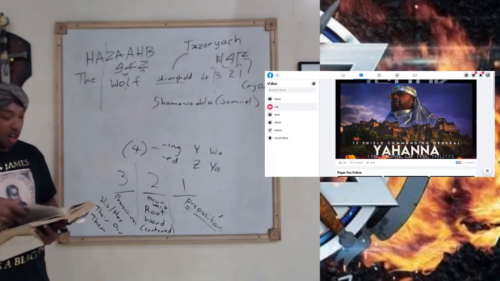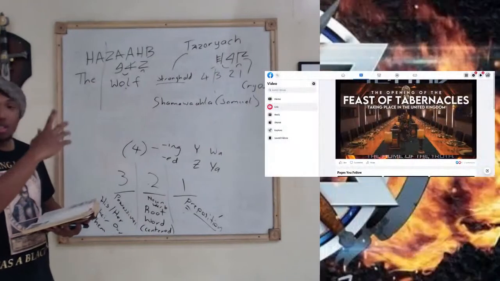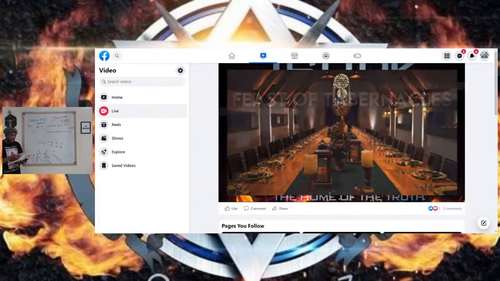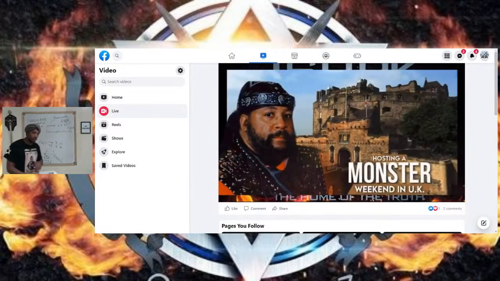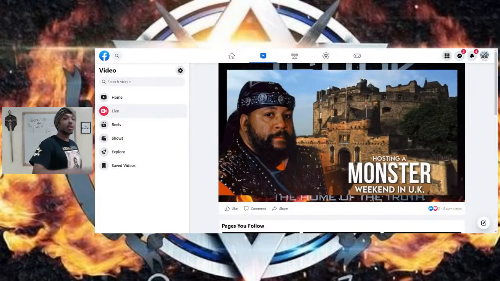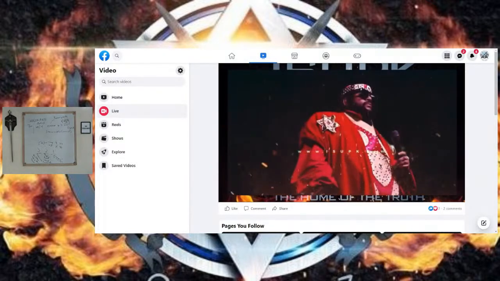Commanding General Yohana will be doing the opening of the Feast of Tabernacles in King James Castle. Finally, the truth about King James, a black man who helped to preserve and safeguard the Bible. Live September 29th, 2023. Commanding General Yohana live at King James Castle in Scotland. Come on down and support the Isupk UK. Lift the glass, come and join the brotherhood and drink with the ancients as we celebrate and keep the Feast of Tabernacles for our King Yahushua in King James Castle, bringing his crew of heavy hitters.